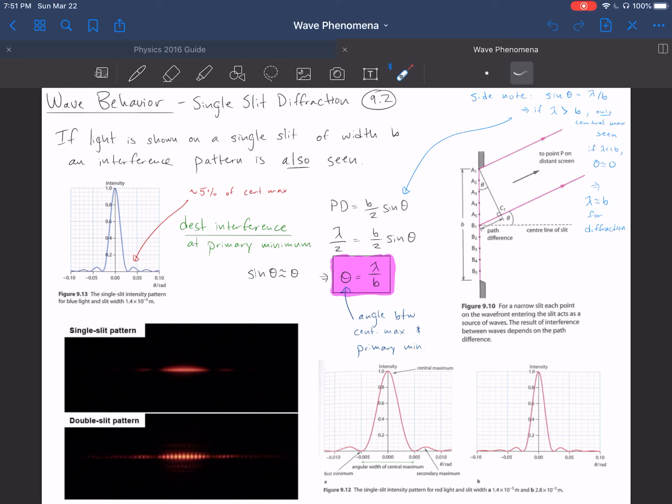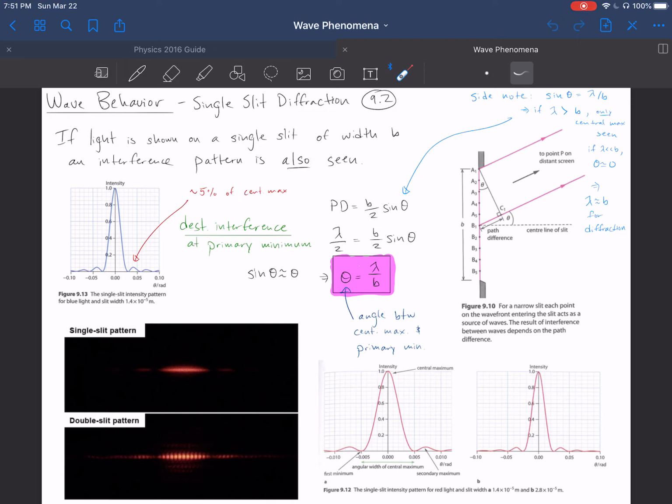And this is particularly unusual because we explained the interference pattern for a double slit, but it depended on there being two sources. You got interference between two sources. The fact that you see an interference pattern for a single slit raises the question, what exactly is interfering if there is only one source of light?